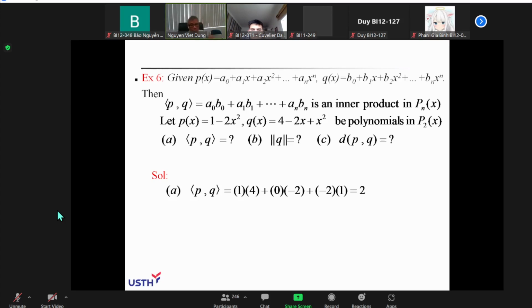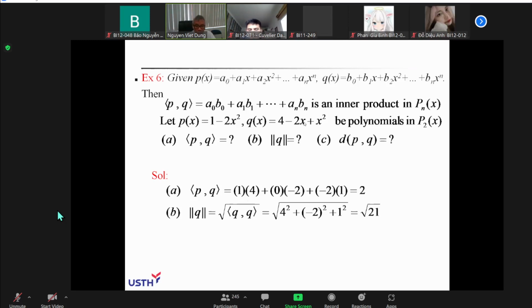The first one, the inner product of P and Q. We use that formula and you get the inner product equal to that. The norm of Q equals the square root of the inner product of Q and Q. And because Q is that, the norm of Q equals square root of 21.